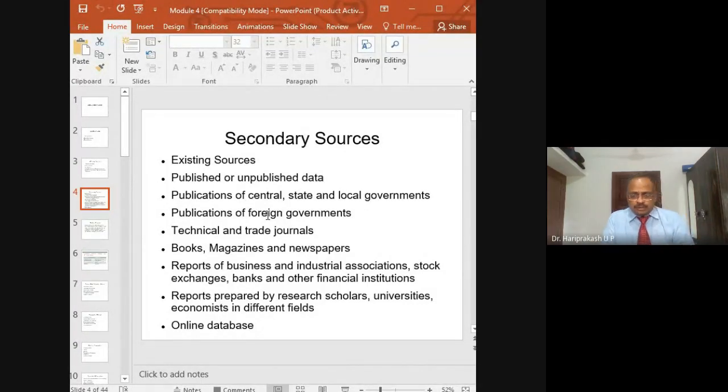Okay, a Retail Traders Association would be there. So they keep on publishing the data related to their trade. Otherwise, in general, you find publication data and information in books, magazines, and newspapers. Reports of businesses.